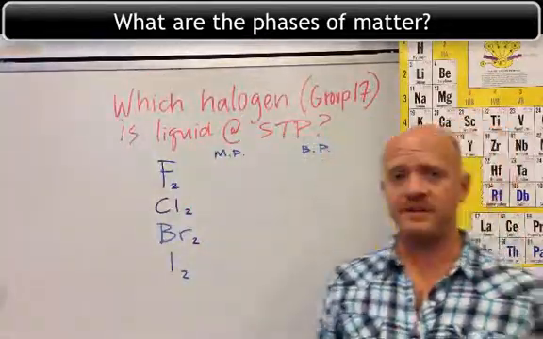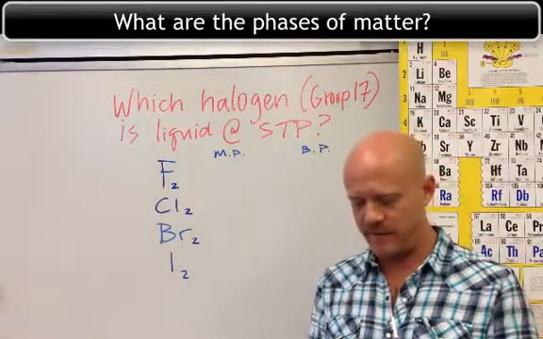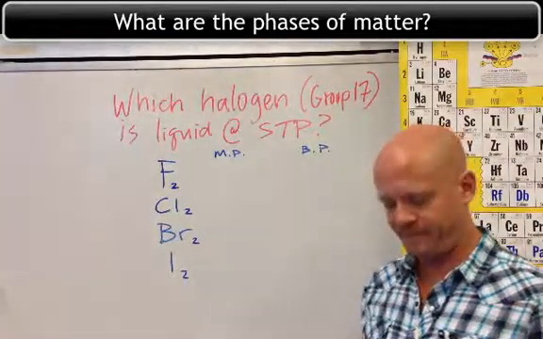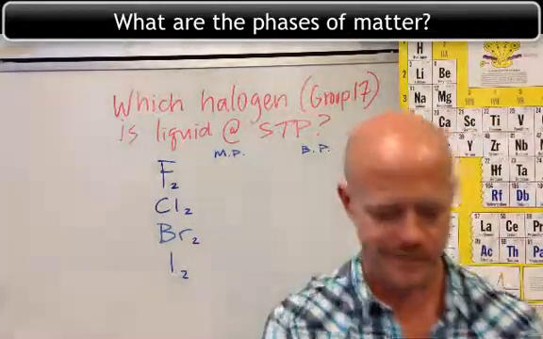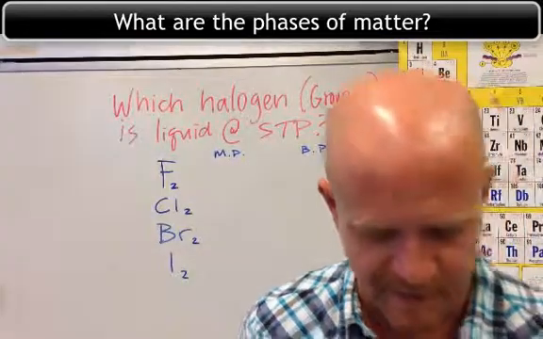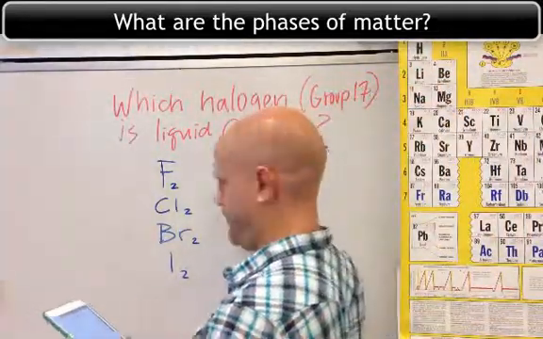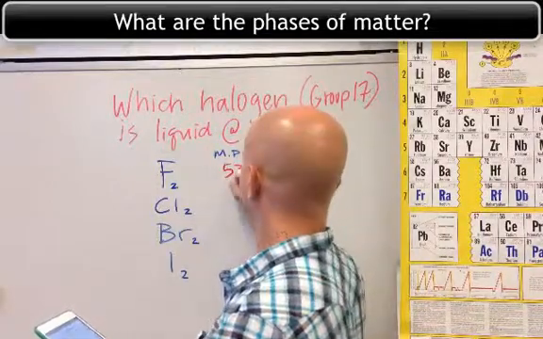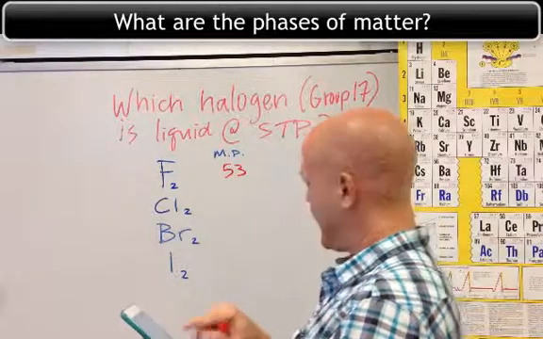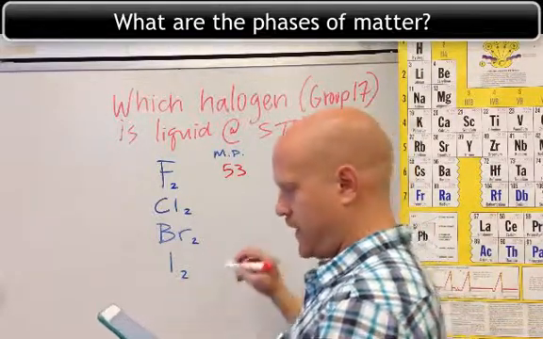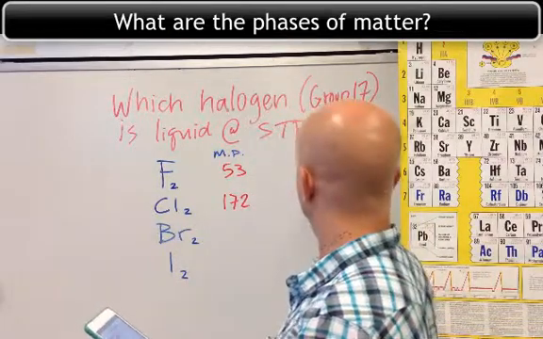All right, I'm posing another question to you. Which halogen, or group 17 element, is liquid at STP? What I did here is I wrote down the different halogens that we're going to be comparing, and I look at my information on Table S. Fluorine's melting point, or MP, is 53. Boiling point is 85. Looking at chlorine, it is 172 and 239.